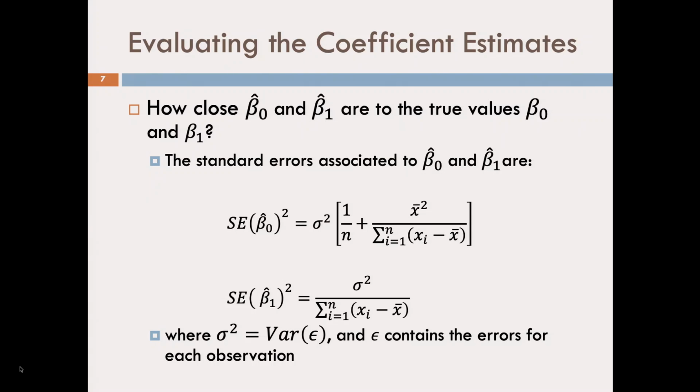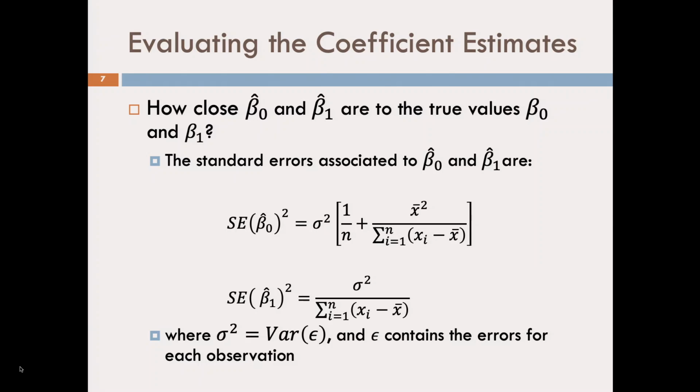Given our model, we can predict some y values. We compare the predicted values with the desired response, and then we can compute the errors. With the errors, we can calculate the standard errors related to each of the coefficients.